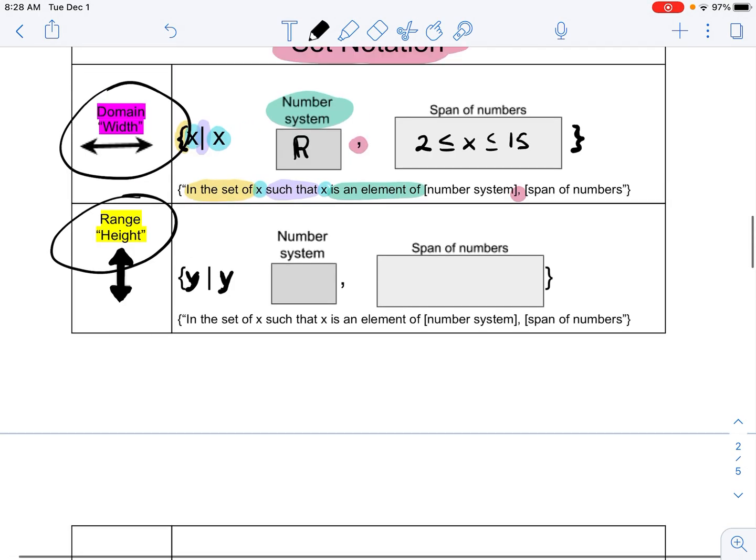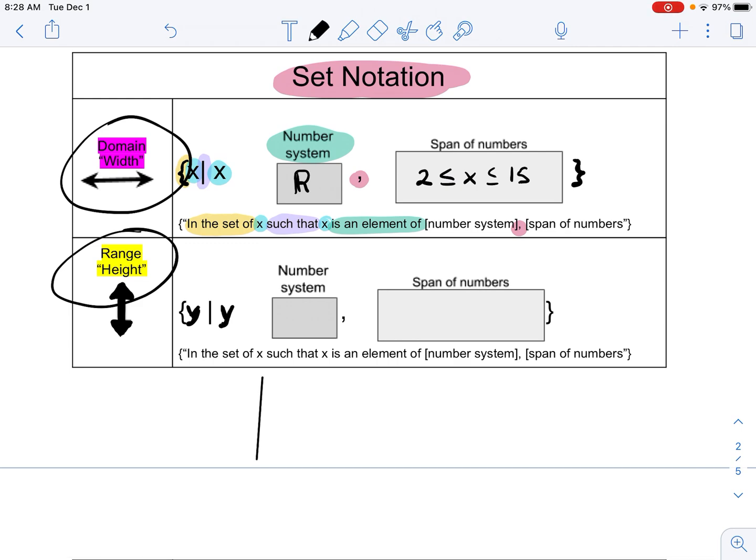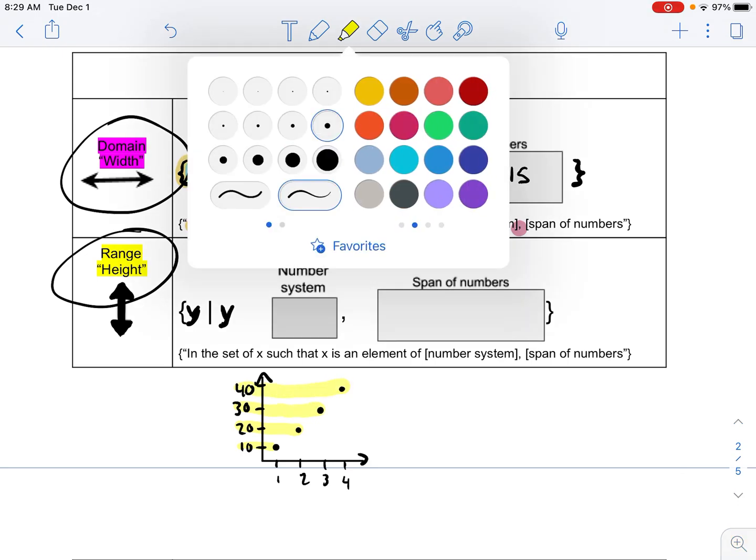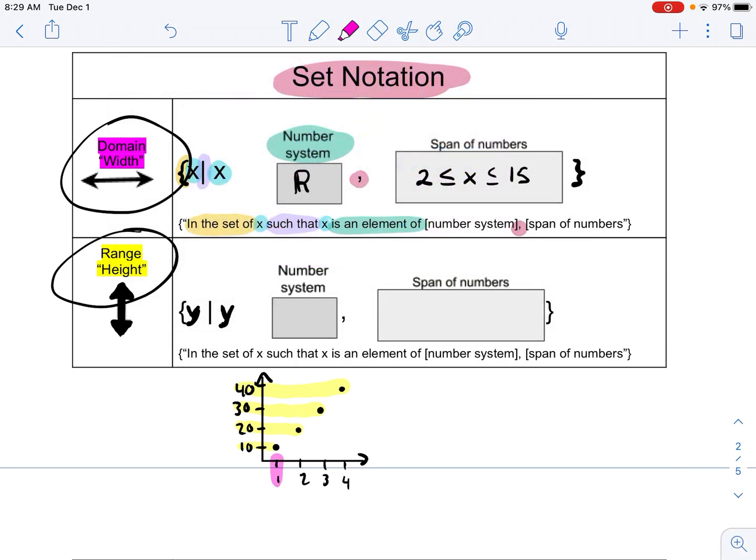Okay, so real quick, on a graph, if you had points like this, 1, 2, 3, 4, 10, 20, 30, 40, the range are these points, and the domain would be 1, 2, 3, 4.